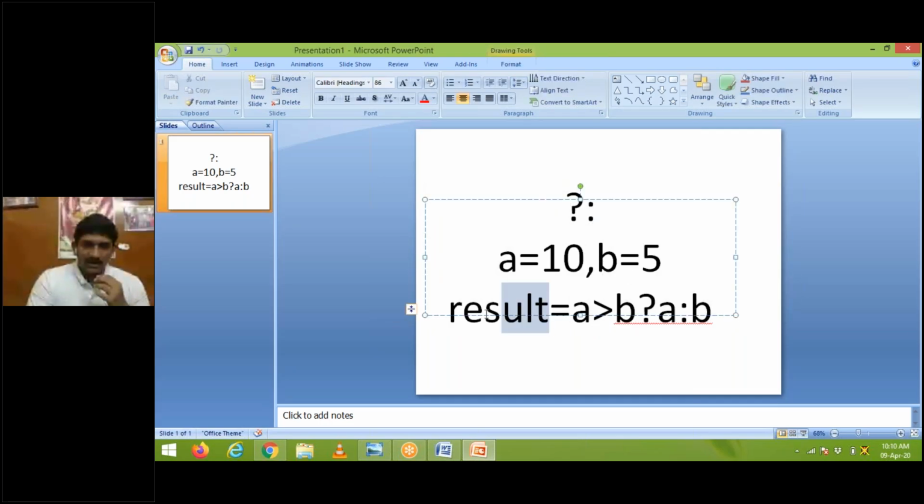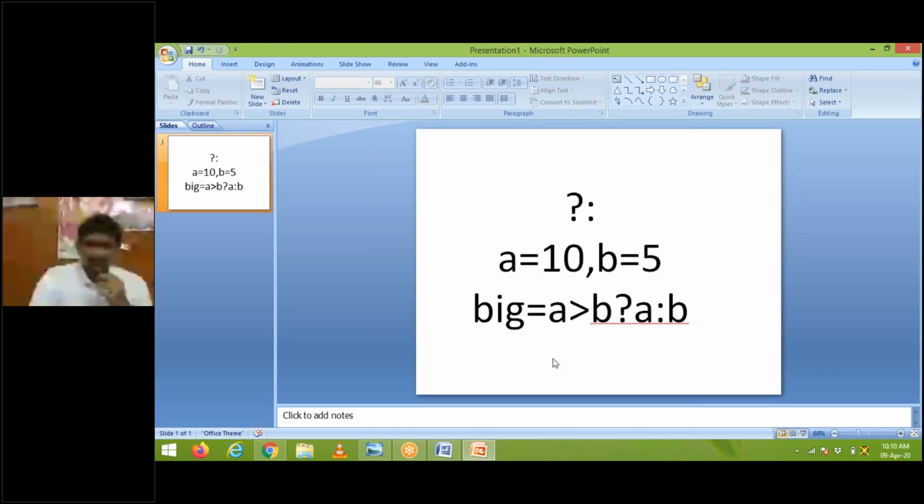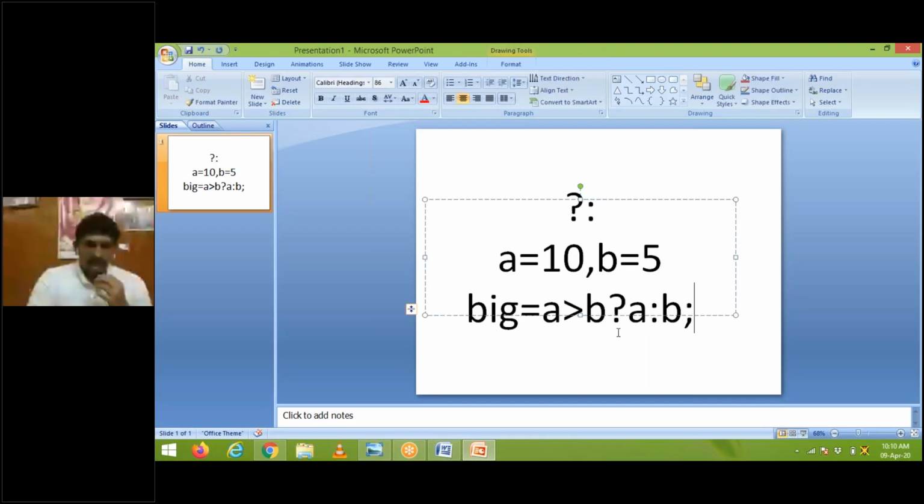That means result, or you can declare a big variable, whatever variable you take for storing the result. Okay, that means big equal to a greater than b question mark a colon b. So here we can put a semicolon because this is an expression of a C statement. So 10 is greater than 5, is the condition true? Then the value of a will be stored in big. For example, I am declaring a as 10, b value is 15.